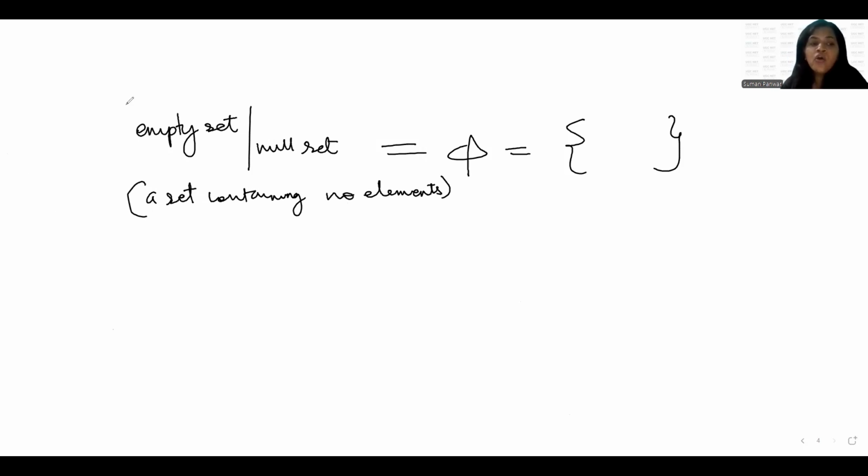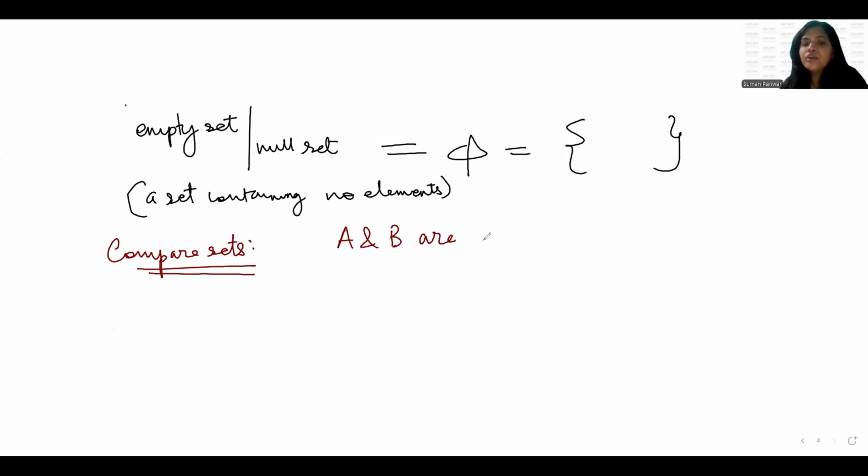All right, now how do we compare sets? We say A and B are equal if they have exactly the same elements.